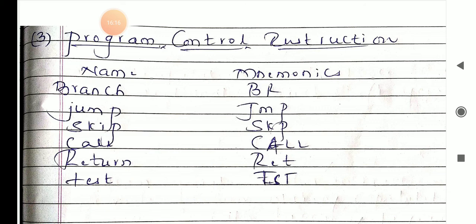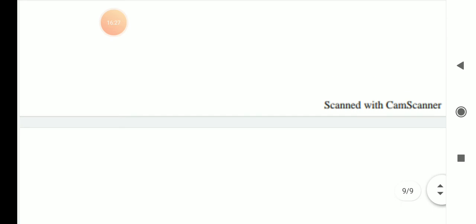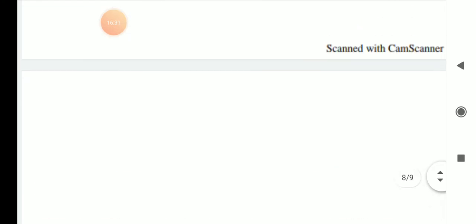Okay, so this is today's class. I hope you can understand this concept, that is the machine instructions and types of instructions. I thought you people would enjoy the session.